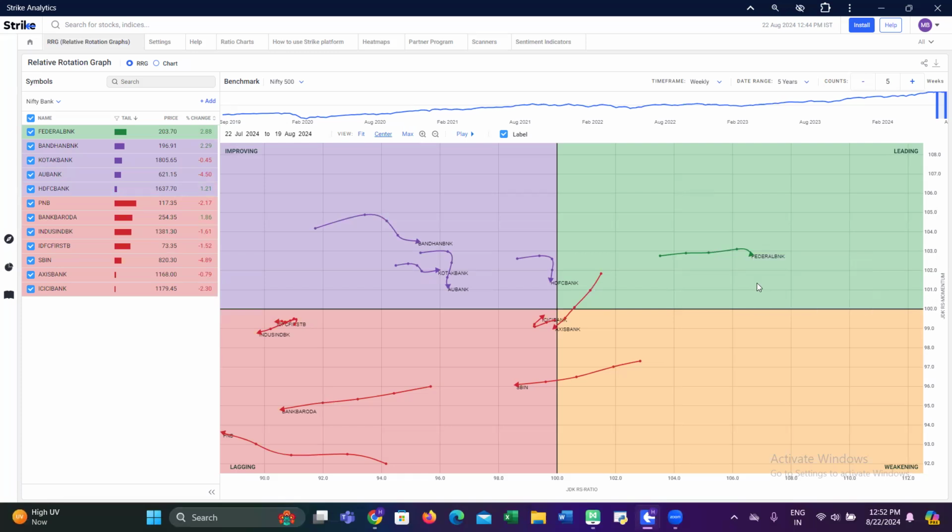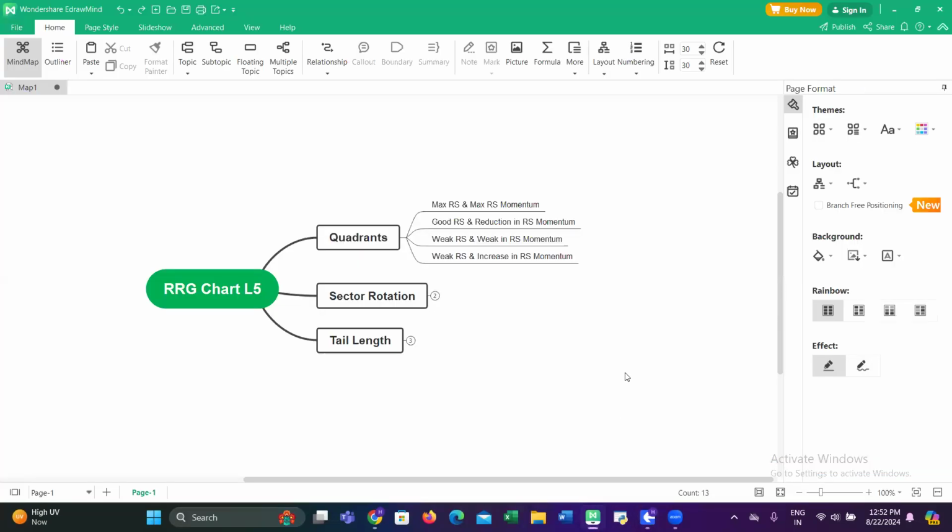So whenever a script is getting into this quadrant, it will have less RS momentum, but it will still have a good RS ratio, and RS ratio is on the x-axis. All right, so we covered both. First one, maximum RS ratio and maximum RS momentum is the leading quadrant. Good RS ratio with reduction in RS momentum is weakening.